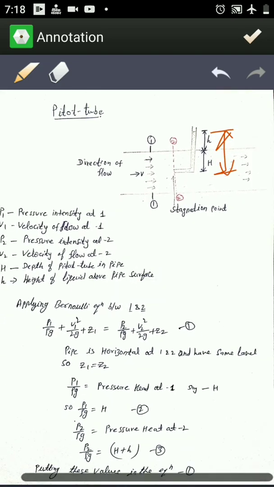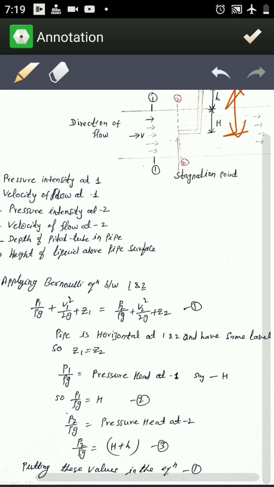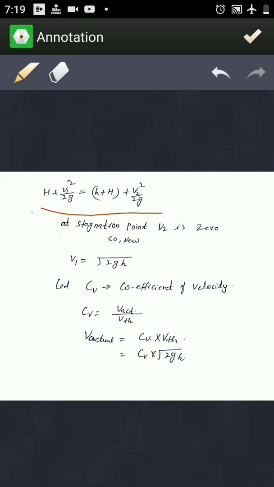Now putting these two values in the equation: H plus V1 square by 2g equals small h plus capital H plus V2 square by 2g.